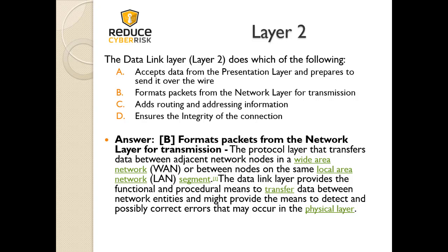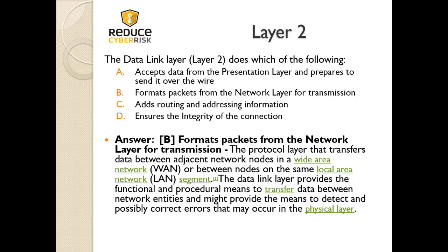Now, the data link layer transfers data between network nodes. So when you have your WAN, your wide area network, or your LAN, your local area network, it connects those nodes and prepares the packets to be transmitted. That's the whole purpose behind it. The data link layer provides a functional and procedural means to transfer the data between these entities, and that's where it gets the connection together.